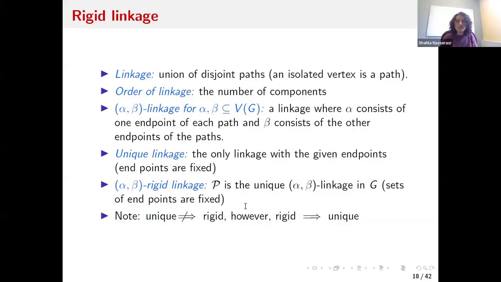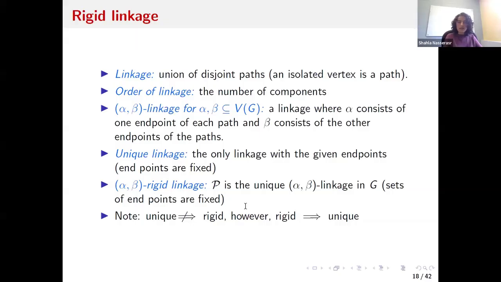A unique linkage means that if we fix the endpoints, then there's only one such linkage between them. And an alpha-beta rigid linkage means that if we fix the endpoints as sets, not the individuals anymore, then there's only one alpha-beta linkage between them. By this definition, uniqueness doesn't imply rigidness, but rigidness does imply uniqueness.